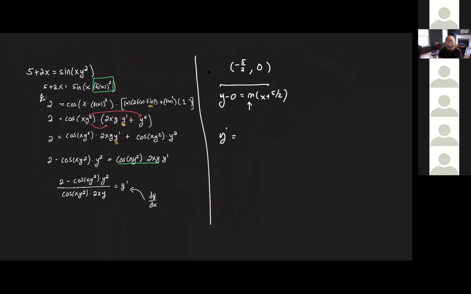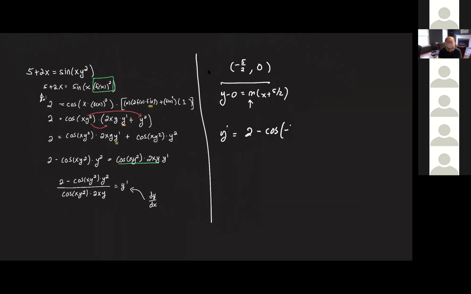It'd be 2 minus cosine of -5/2 times 0 squared times 0 squared, all divided by cosine of -5/2 times 0 squared times 2 times -5/2 times 0. Okay, so you'd plug all of these in.